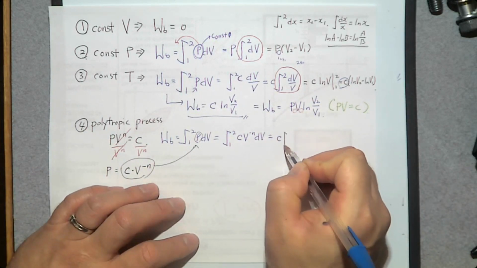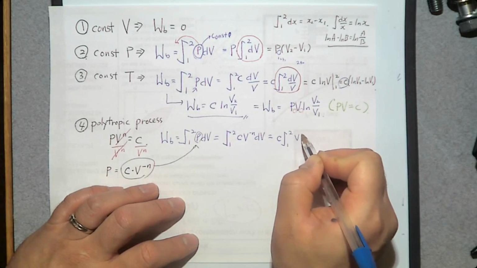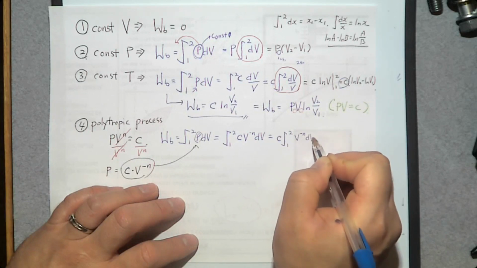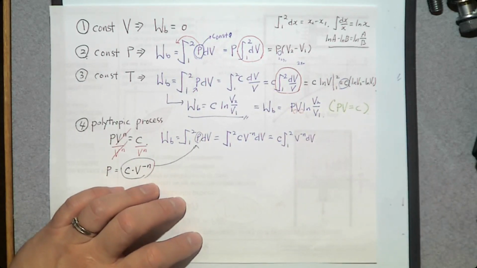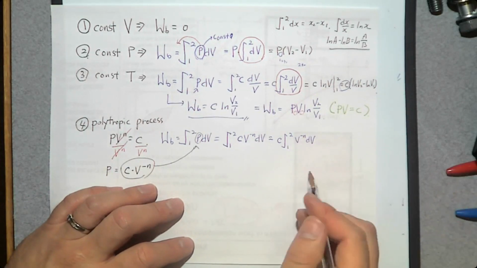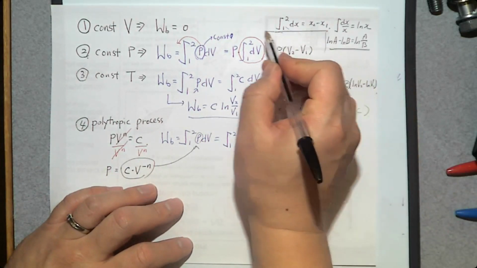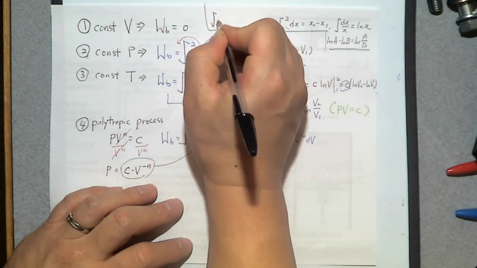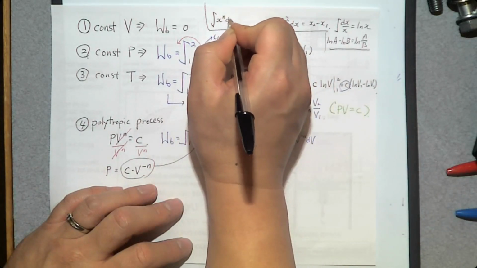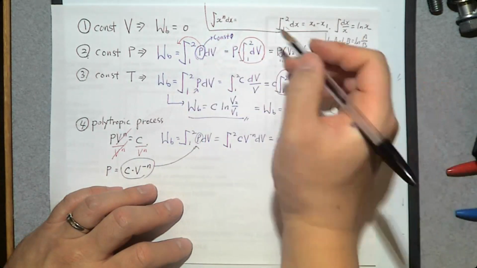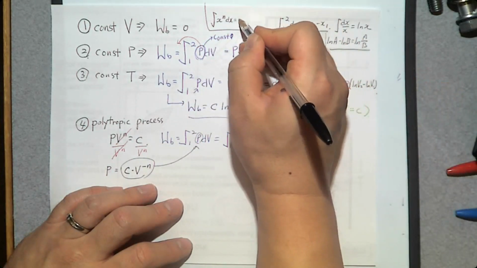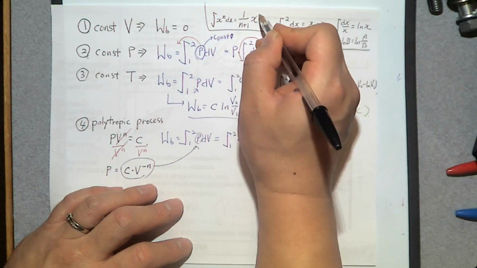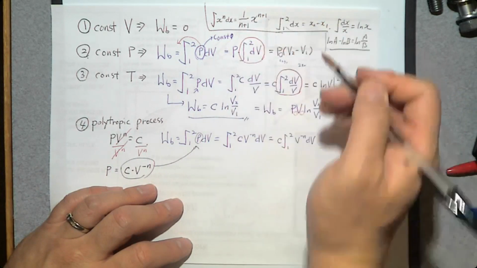Some C. So if you have integral x to the power n dx, it is 1 over n plus 1, x to the power n plus 1, okay?